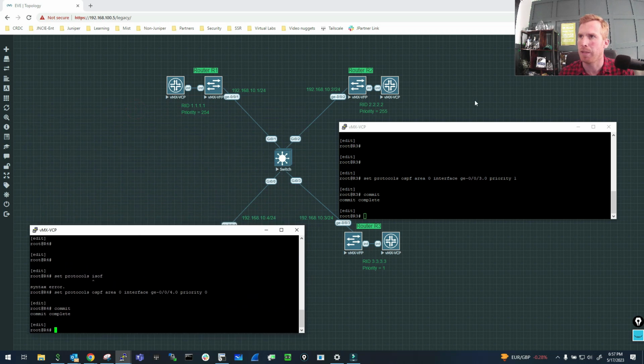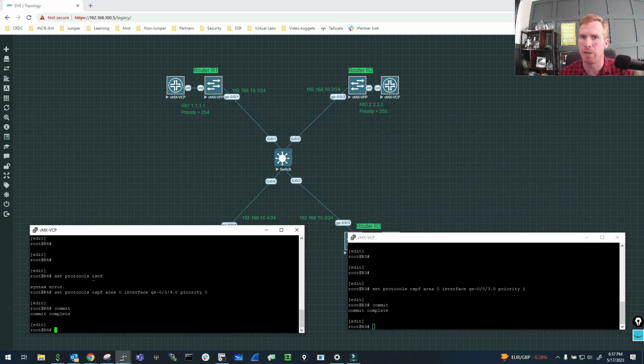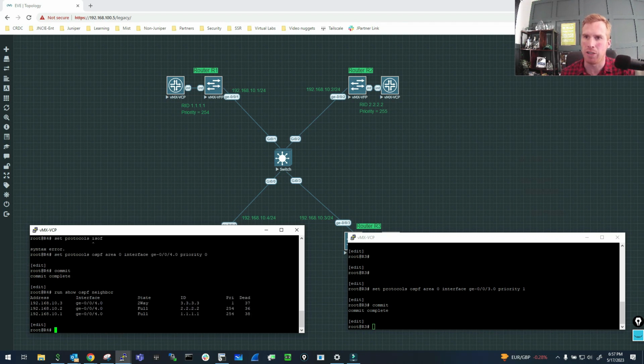Now let me drag these down, and if I run show OSPF neighbor, let's see if we've built the adjacencies. Note, we have built the full adjacency to that designated router R1. I've just noticed I did make a mistake on the priority settings on router R2.